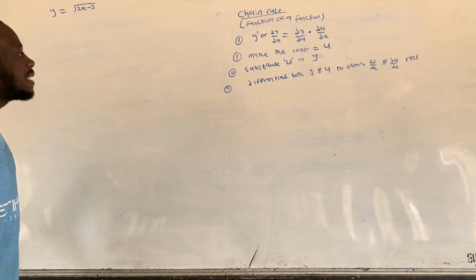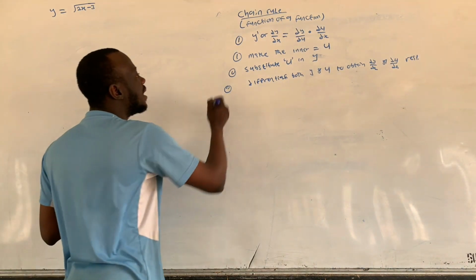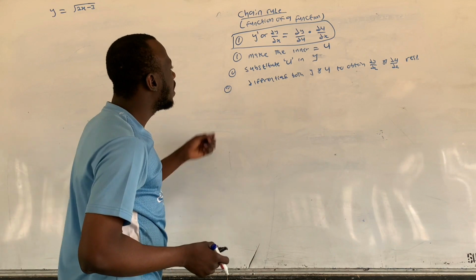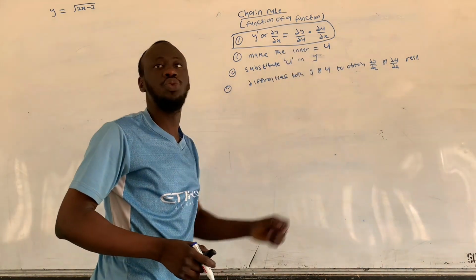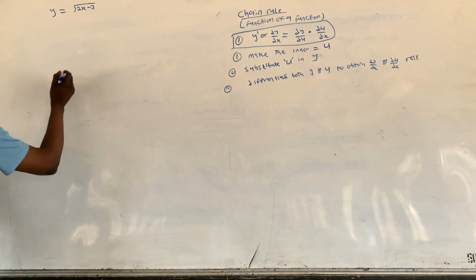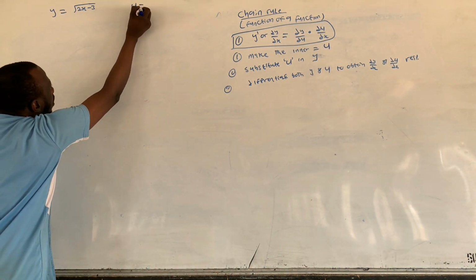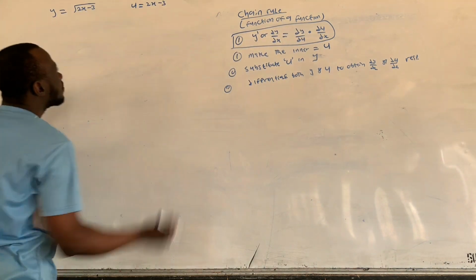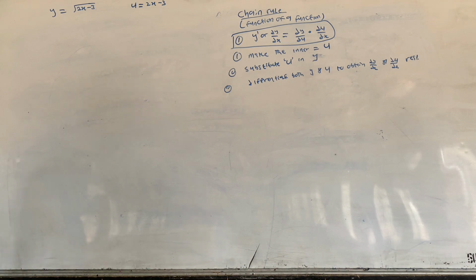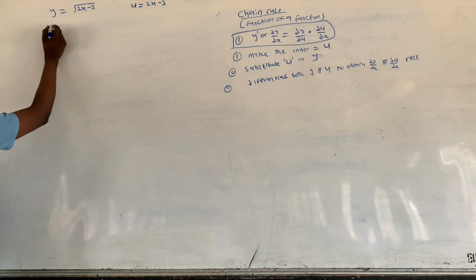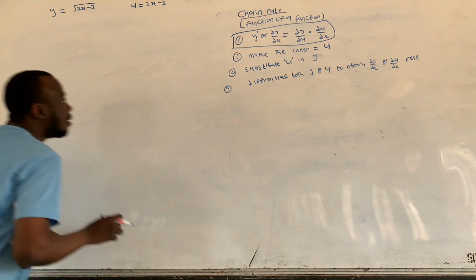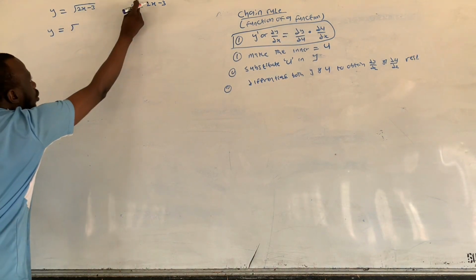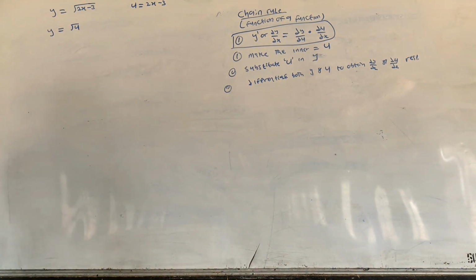So remember that we said the first step is to make the inner function u. Meaning here we say let u equals the inner portion, that is 2x minus 3. So now we just substitute u in y. We have y equals root u, so here we put u inside.